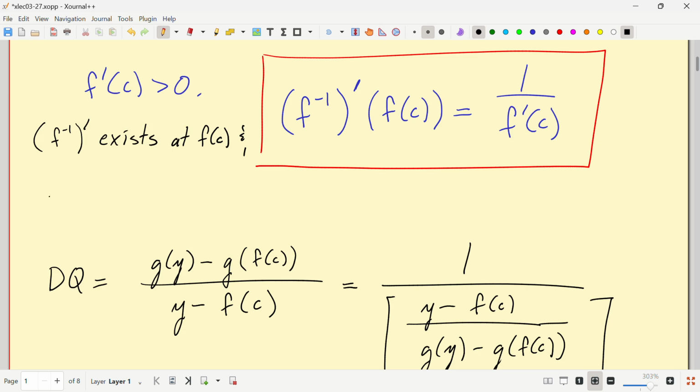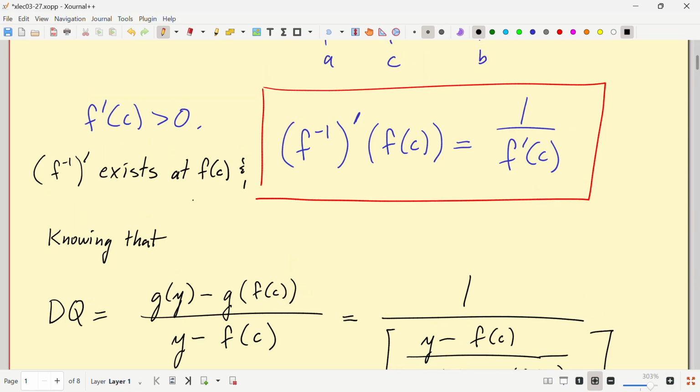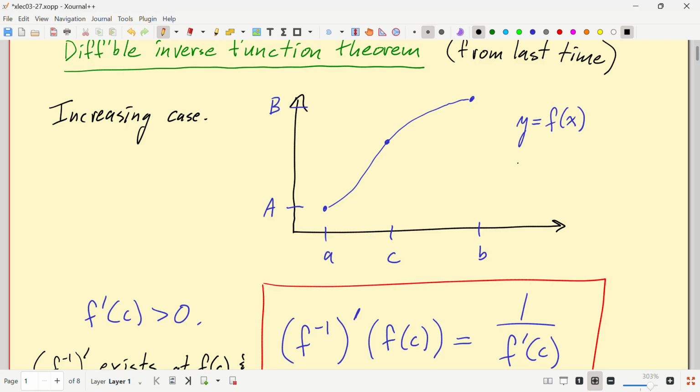So, knowing that, I'm going to write G. So let's see, up here in my graph, I'm going to write G of x is equal to f inverse of y. I'm writing G as f inverse.